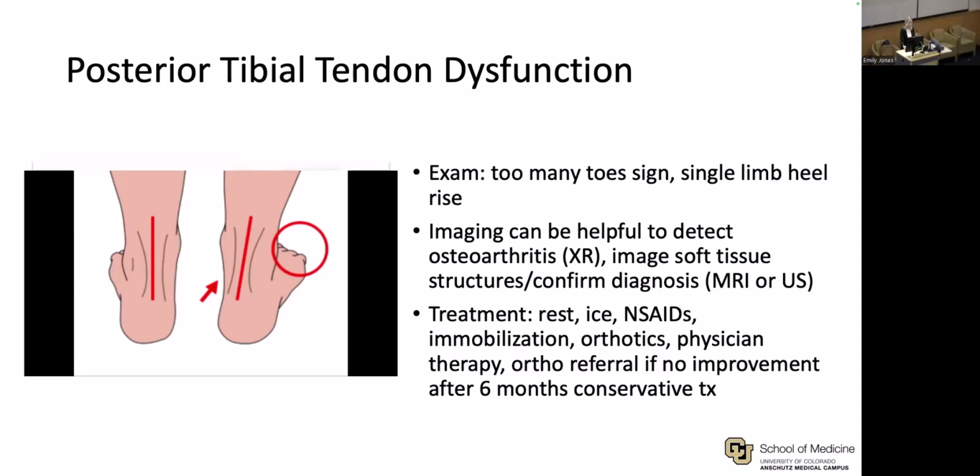So rest, ice, NSAIDs when you're in the acute phase, immobilization if it's really painful. I usually have people get orthotics, and I usually start with over-the-counter like Superfeet. And then if those aren't helping, then I'll send them to podiatry to get some custom orthotics. And then after 6 months of conservative treatment, if they're not getting better, then I will have them see ortho.